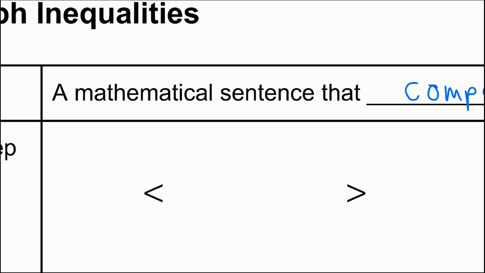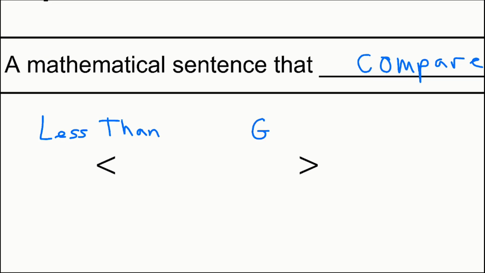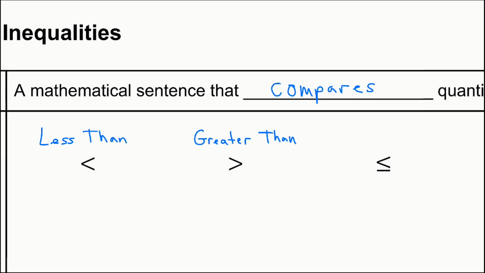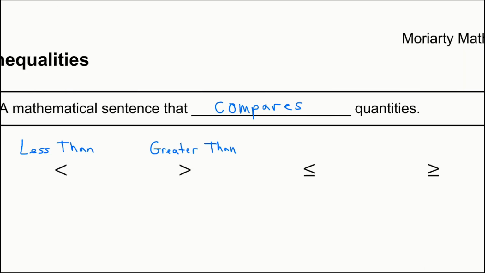So the first one that we have is less than. I remember this because less than points to the left. To the right of that is going to be greater than. And then the other ones involve the less than and greater than signs, but this bottom half here is part equal sign.